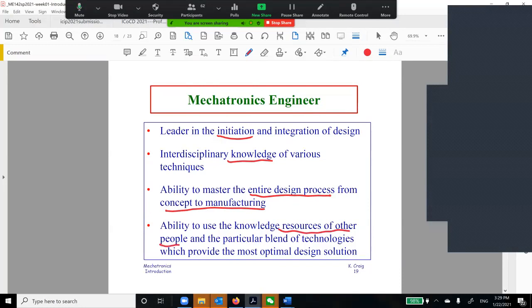This is important, okay? Many years ago, actually that was 1985, my last year in the university, we did a capstone design, also called a senior design.